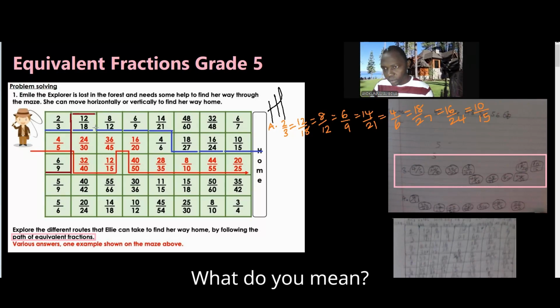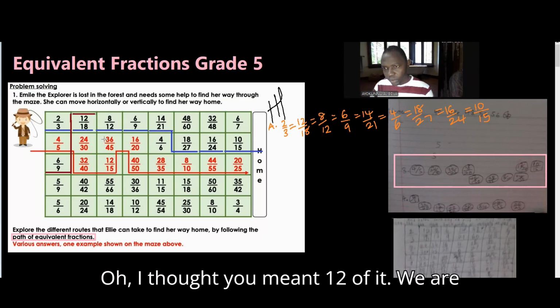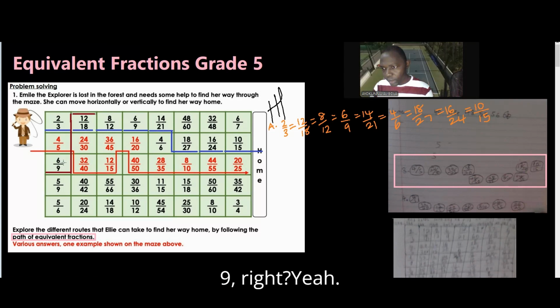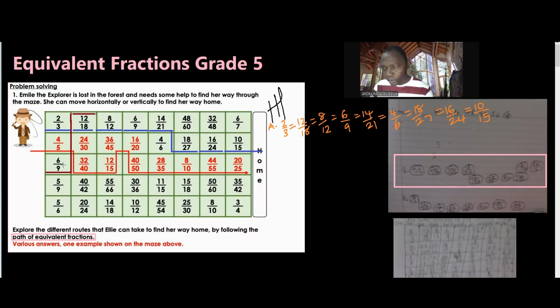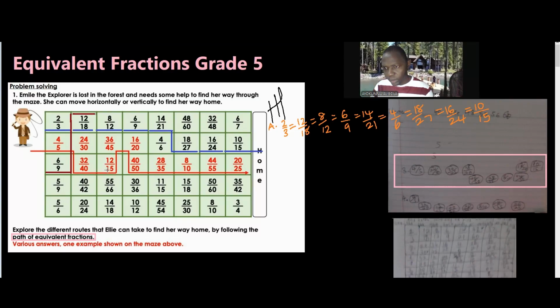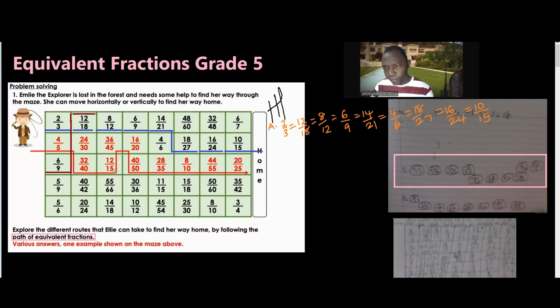No, 2. What do you mean? I thought you meant 12 over... We are looking at 6 over 9, right? Yeah. Wait, hold on. So is there any other one that will give us 6 over 9? No. In this second column, I don't think there's any 6 over 9 there.